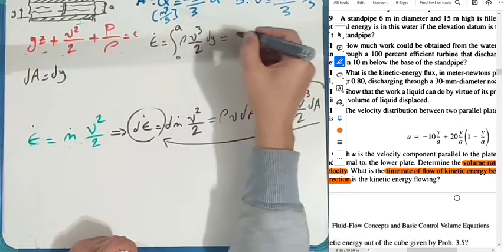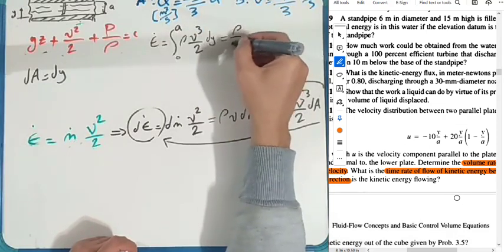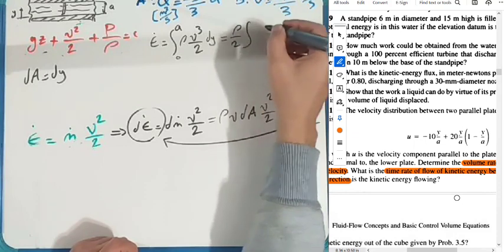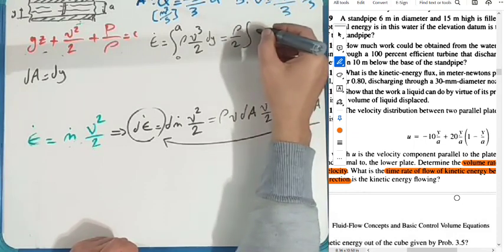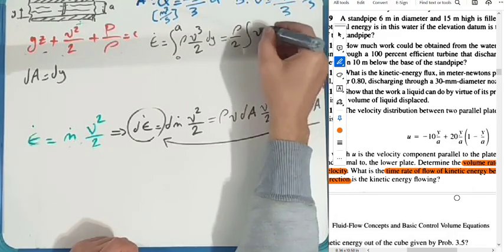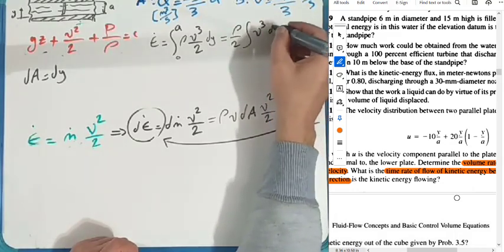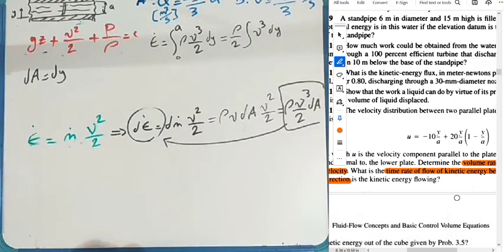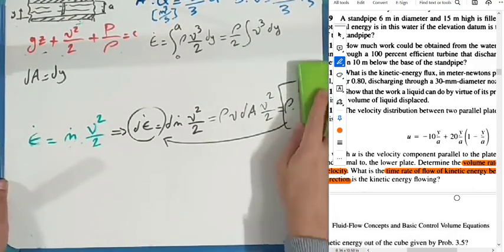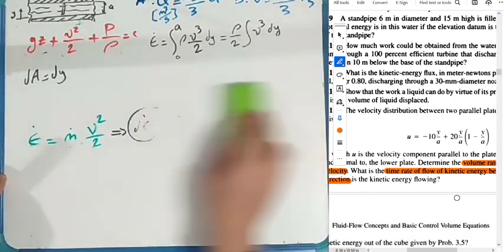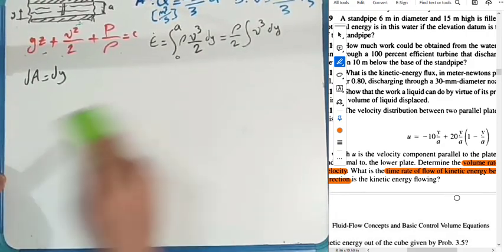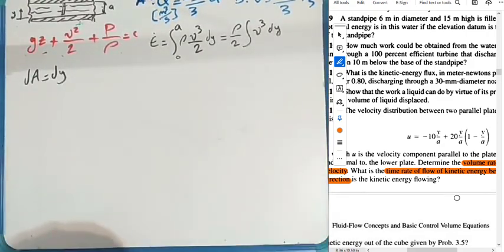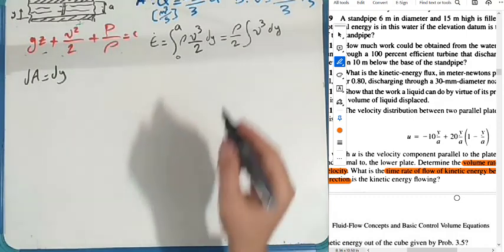Then rho is constant, 2 is constant, integral of nu cubed dy.